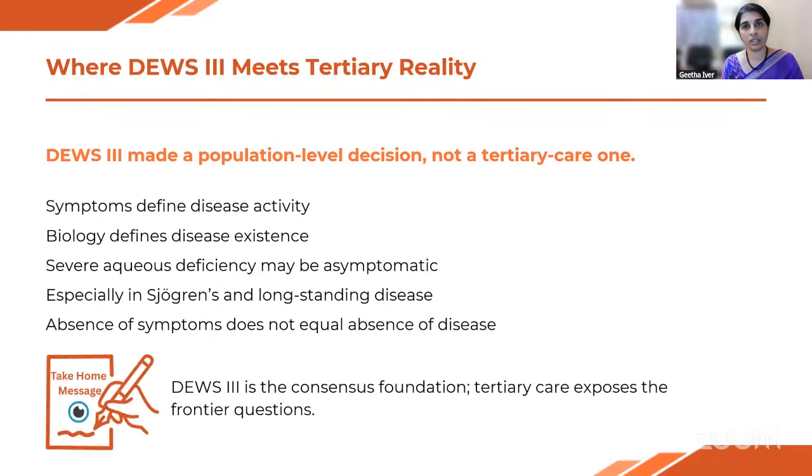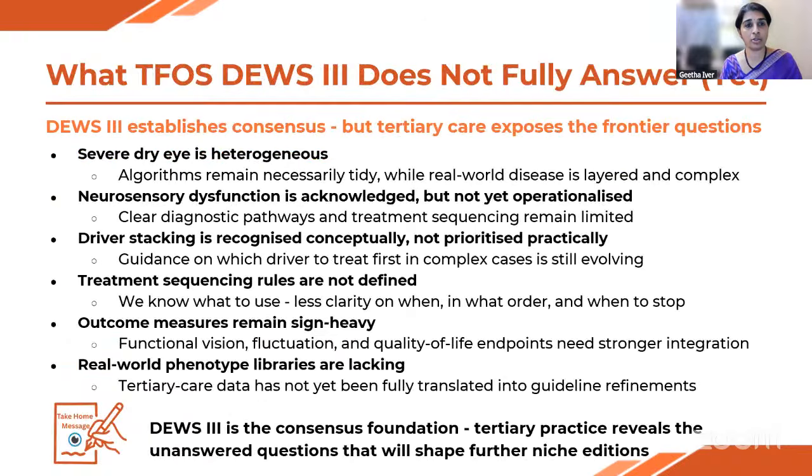So this is where we need to understand that DUCE-3 is a consensus foundation, and tertiary care exposes further frontier questions that are yet to be answered. Where DUCE-3 establishes a consensus, tertiary practice reveals the unanswered questions that will shape further niche additions in this particular area.